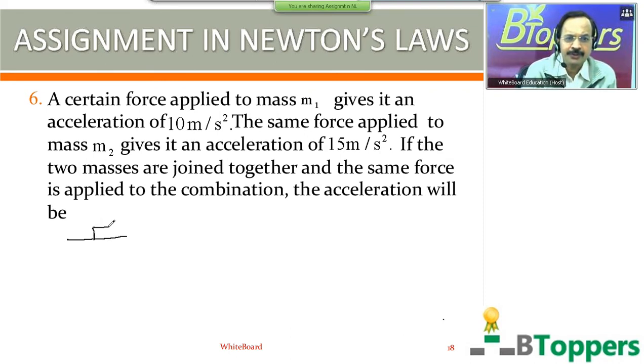Let F denote the magnitude of the force applied on the mass m1 in the first case. So in the first case, we can apply Newton's second law for the mass m1, F equal to m1 a1. So the acceleration in the first case, you can write F by m1.